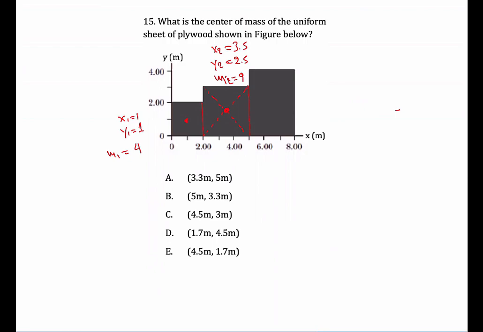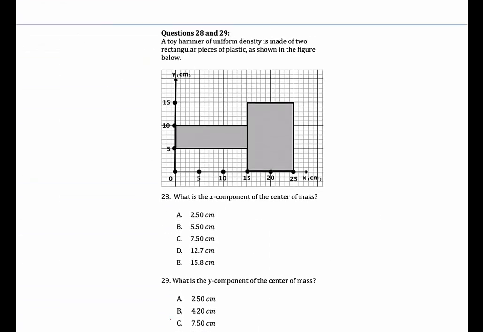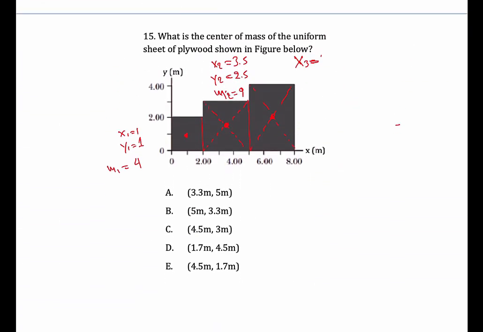And in a similar way, the x and y of the third object are at locations x3 equal to 6.5 and y3 equal to 2, and the mass 3 is length times width, so 3 times 4 is 12.